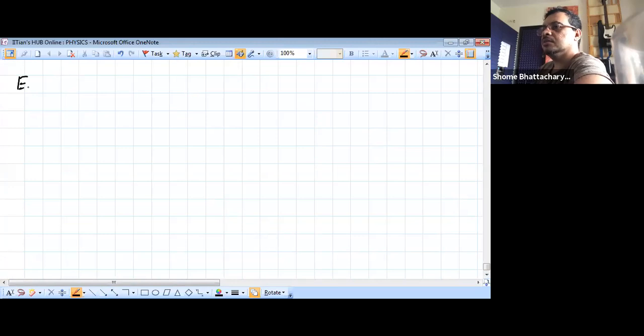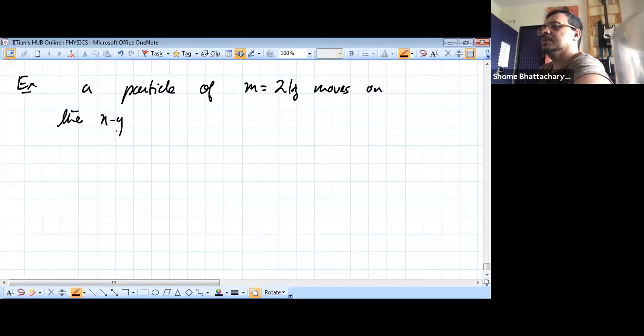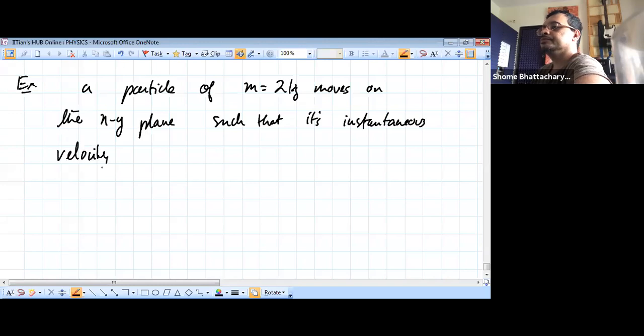Now, next example. A particle of mass 2 kg moves on the xy plane such that its instantaneous velocity v is given by this equation.